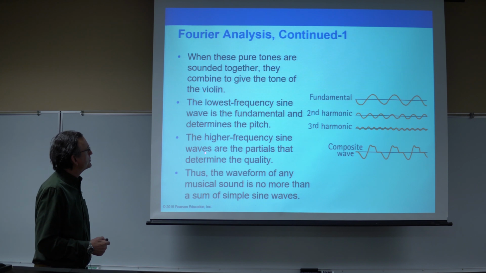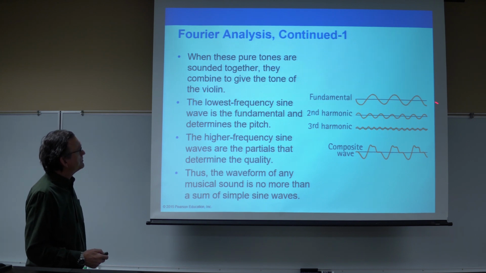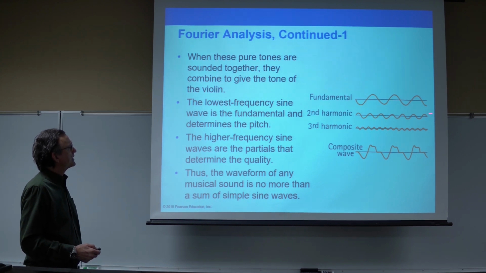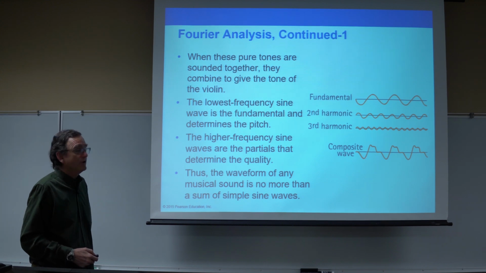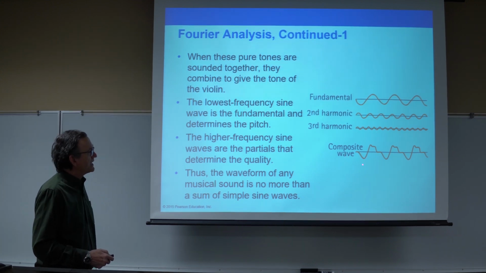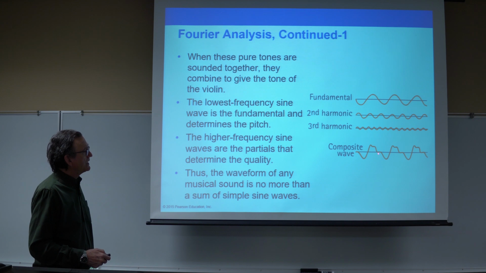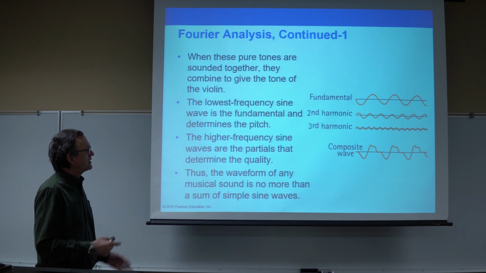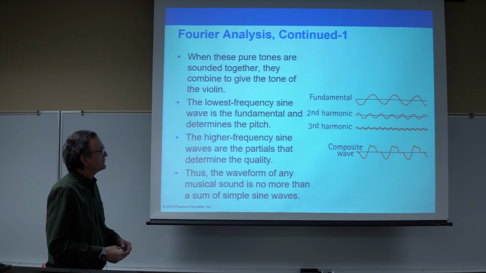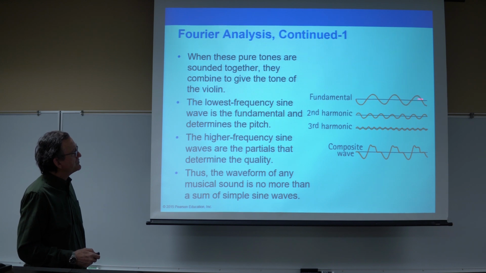So this is just repeating what we said. We have the fundamental frequency of the instrument, the second and the third, and then we add them together. We get a time display that will show us the periodicity of the compression of the air molecules. And this could be as a function of distance at a fixed time, like a snapshot in time.